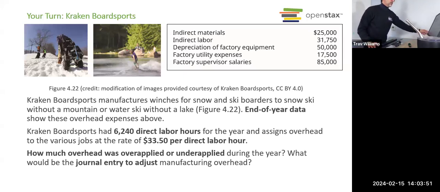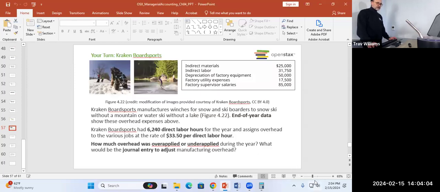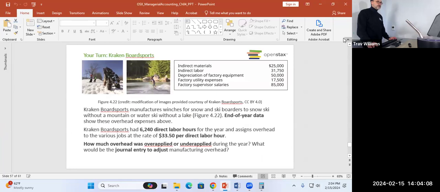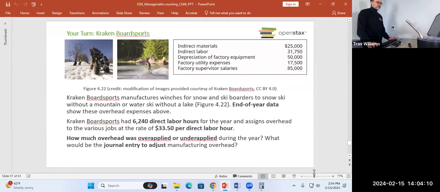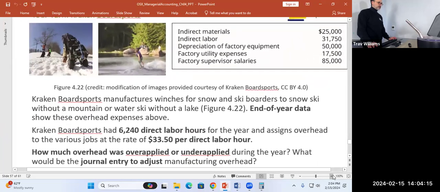Okay, Kraken Board Sports. This company has come up with these overhead costs. This is all overhead, and let's total that up to see what their total overhead is. Can you see that okay?